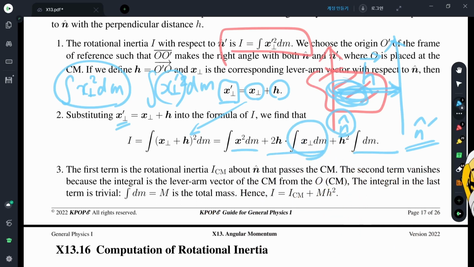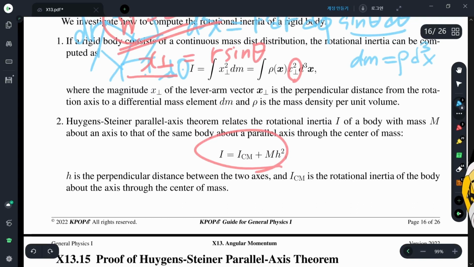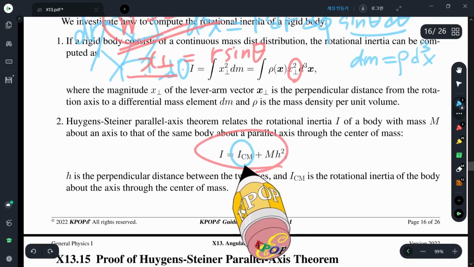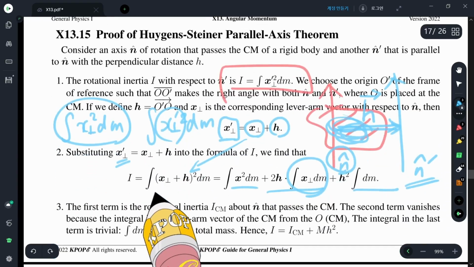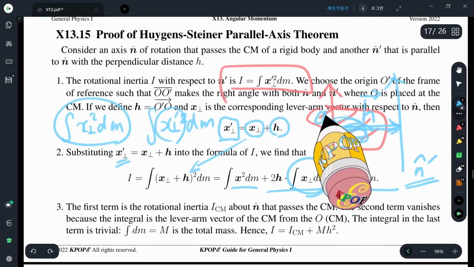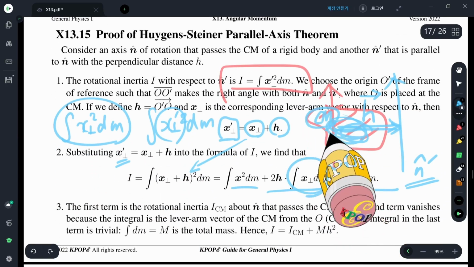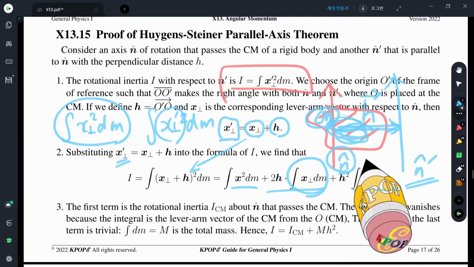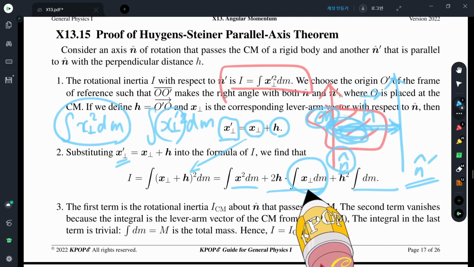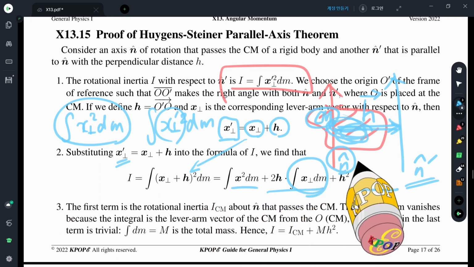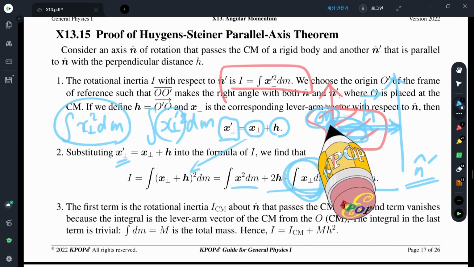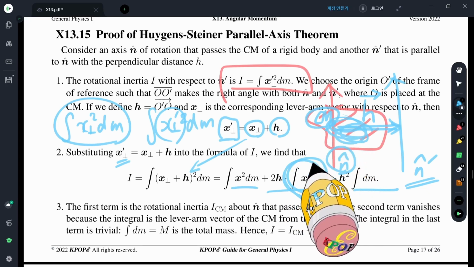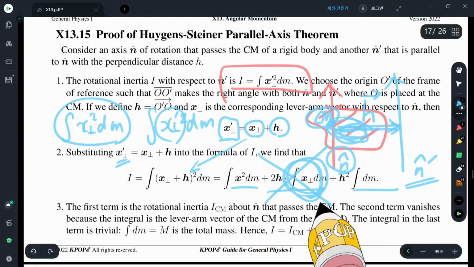But the problem is we have the original value, and that central mass is in here. The central mass is along the original axis. Therefore, for the original axis rotation, this integral gives the x perp average value, which is the central mass, and the central mass is the origin. So this one becomes 0.